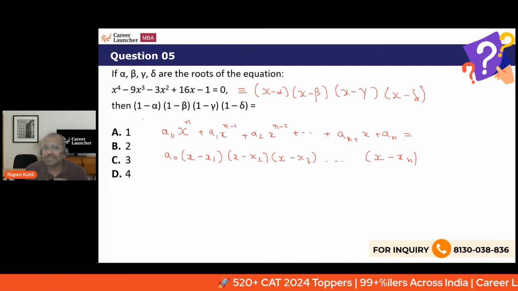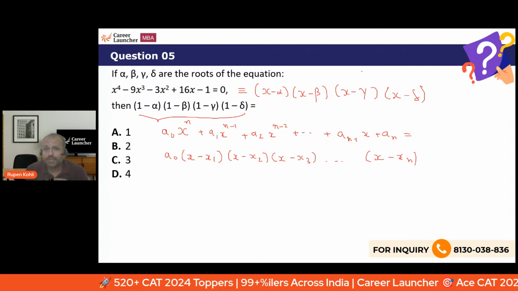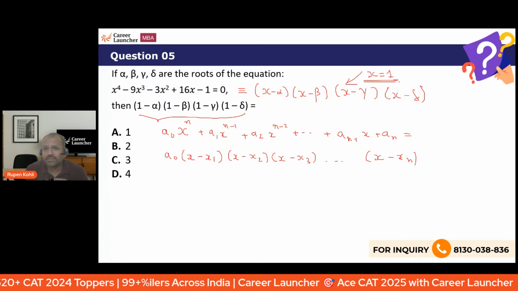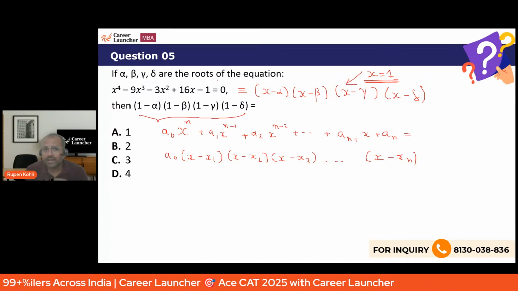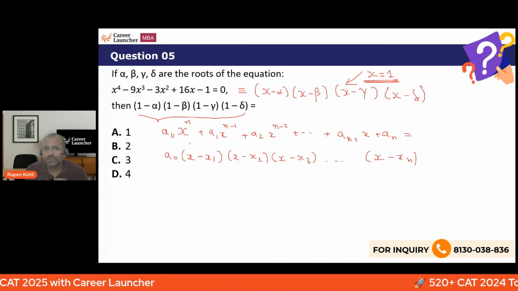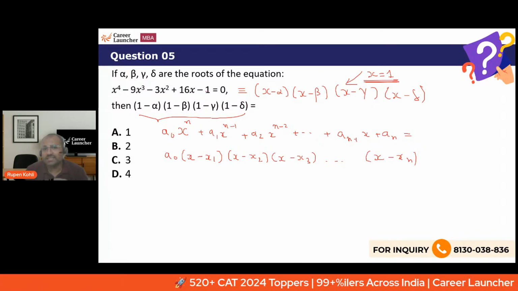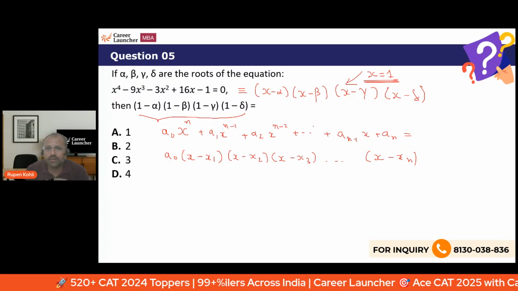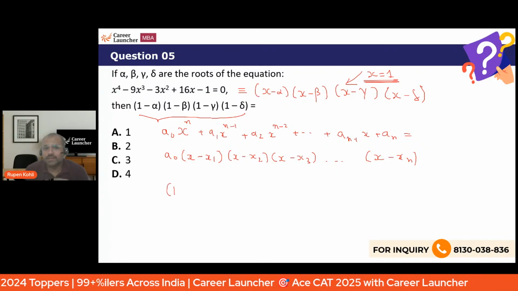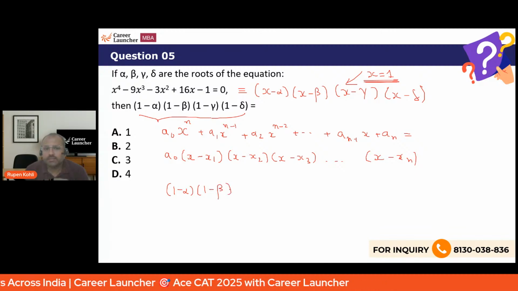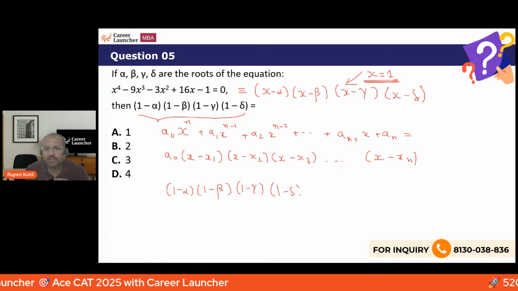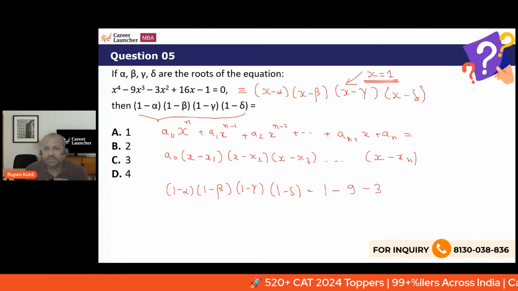Now you can see that this expression can be easily obtained by just inserting x equal to 1 in this. And you already know that it is equal to this fourth degree polynomial. So therefore, this required expression becomes equal to the value of this polynomial at x equal to 1. Putting x equal to 1, we get the answer: 1 power 4, 1, minus 9 into 1 cube, minus 3 into 1 square, minus 3, plus 16 into 1, plus 16, minus 1.